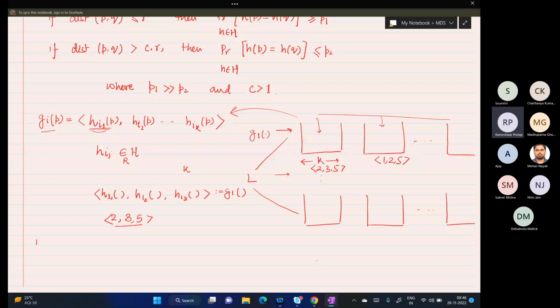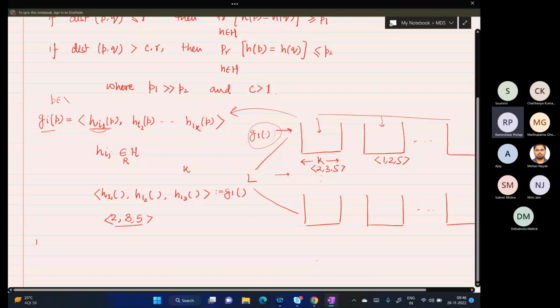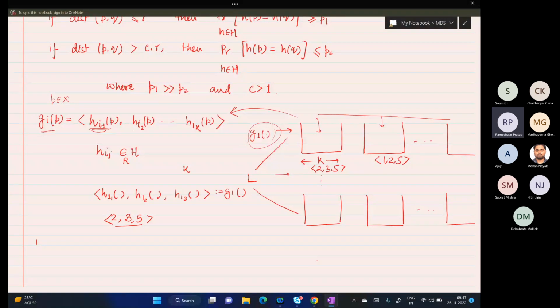So G1 corresponds to the buckets in this row, right? And G1(P) is just, if we take some point P, which belongs to some data point, how we calculate in which bucket it will go. So that is a specific instance of G1(P), right? Okay, got it.